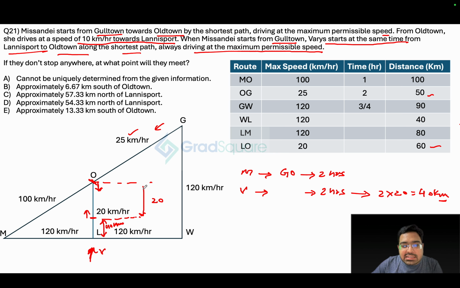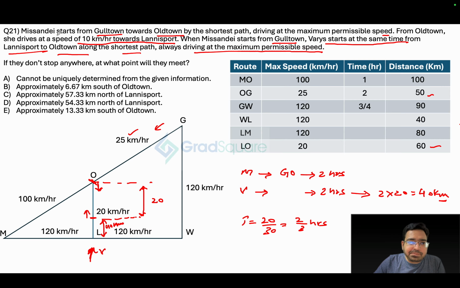Now if this distance turns out to be 20 kilometers, how much time is it going to take for both of them to meet each other? Both of them are moving in the opposite direction. Apply the relative speed concept, 10 plus 20 will turn out to be 30. So it is going to take how much time? 20 by 30 hours. That means 2/3 of an hour it will take for them to meet.